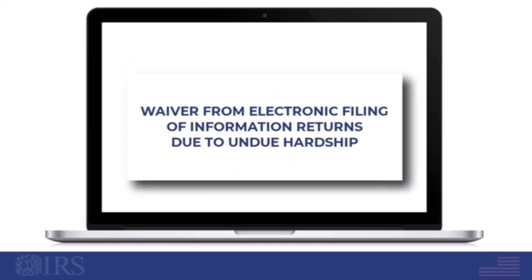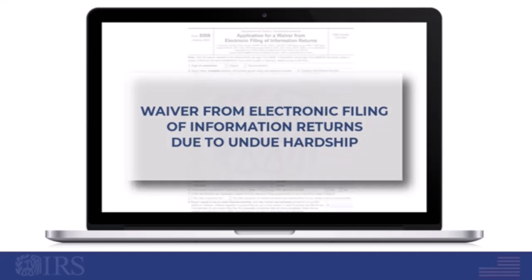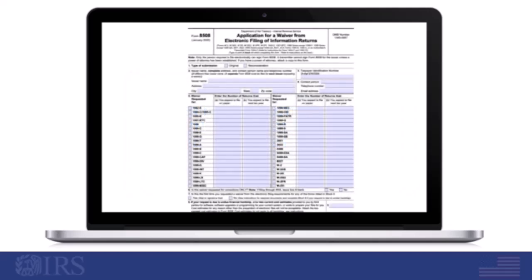You may file a request for a waiver from filing information returns electronically due to undue hardship. For more information, refer to Form 8508, Application for a Waiver from Electronic Filing of Information Returns. If the IRS grants you a waiver from electronically filing information returns, the waiver automatically applies to all Forms 8300 for the rest of the calendar year.